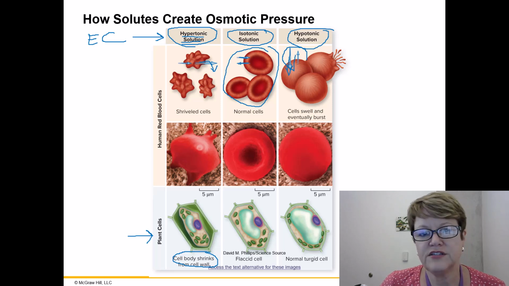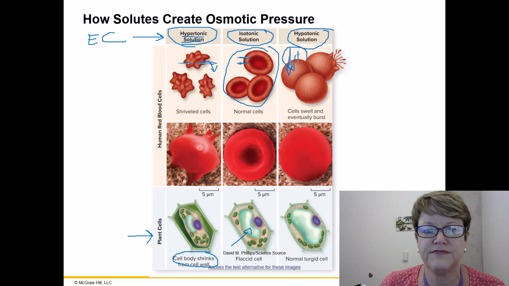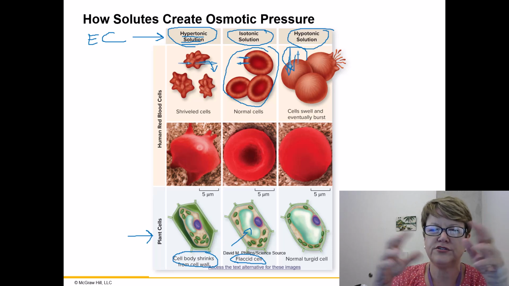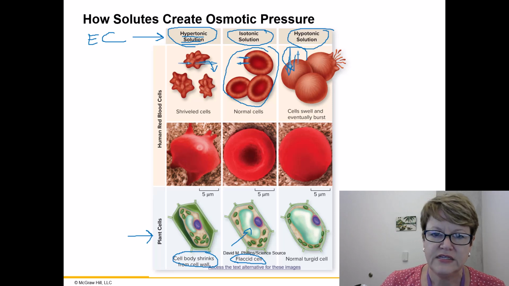In an isotonic solution, the plant is okay, but the cell is not super full of water, like the central vacuole does not fill up with water particularly, and the cell is kind of flaccid, or the cells don't hold any pressure, and so the plant will kind of hang over to the side.